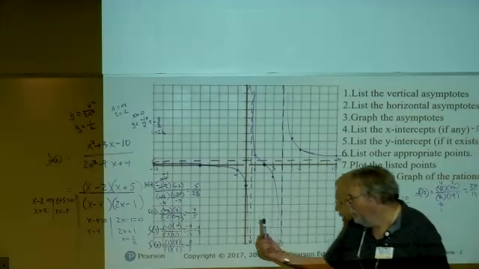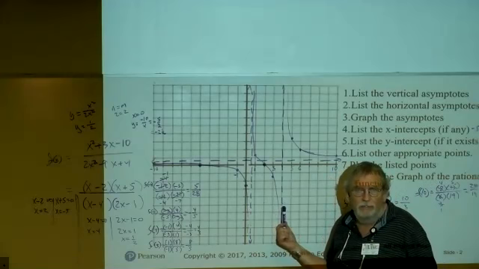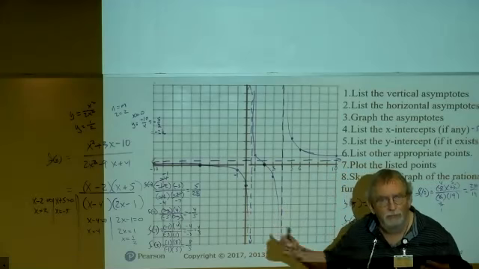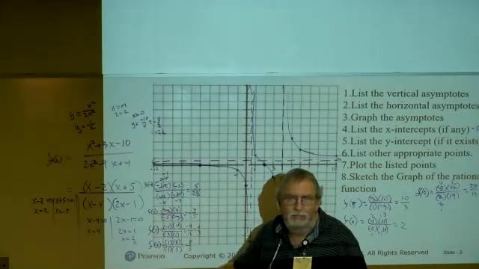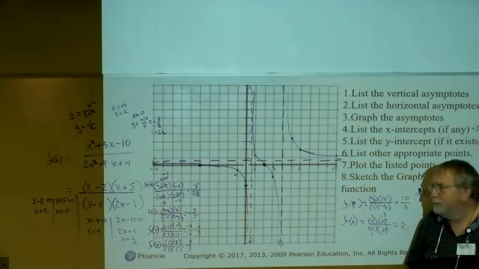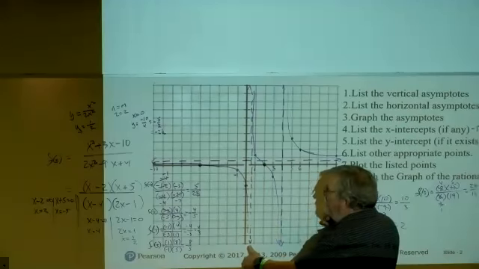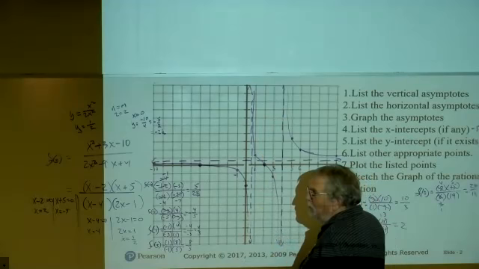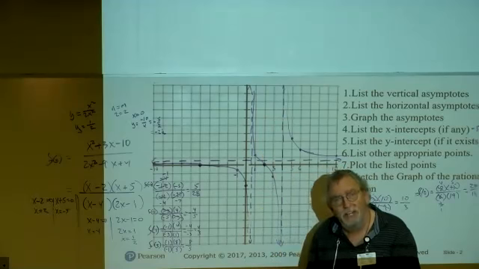Then we're going to understand how we get the vertical asymptotes. In factored form and the reduced factored form, the denominator equal to 0 gives you your vertical asymptotes. On the vertical asymptotes, on one side it goes to -infinity, and on the other side it goes to +infinity, or they both go in the same direction.